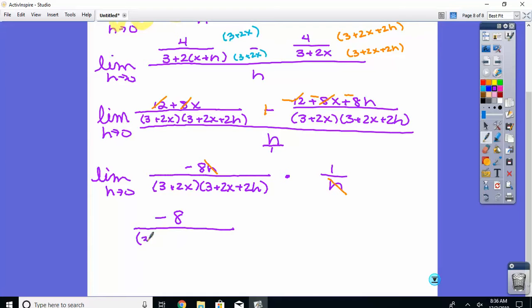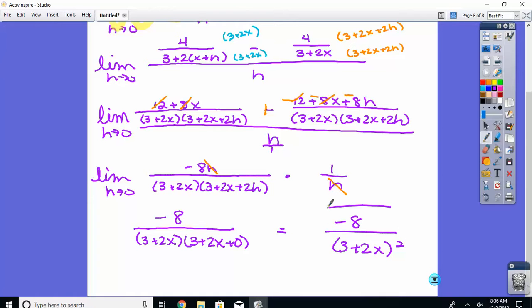So we have a 3 plus 2x. This one would be a 3 plus 2x plus 0. So you get negative 8 over 3 plus 2x squared. So that's the definition, which you should be prepared to do.